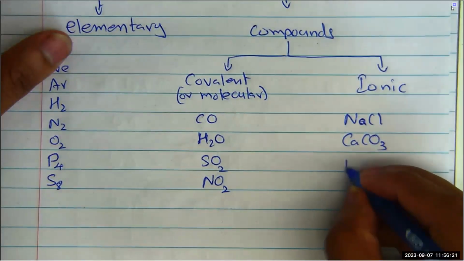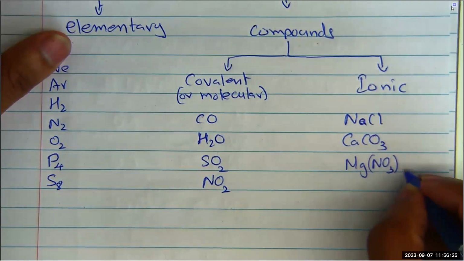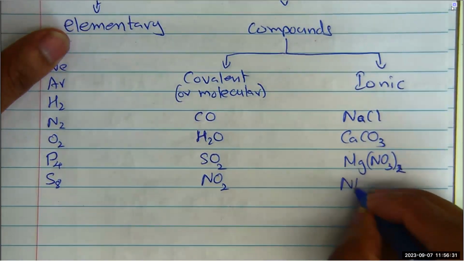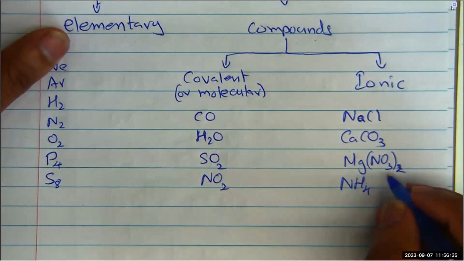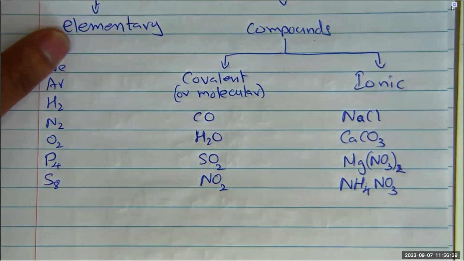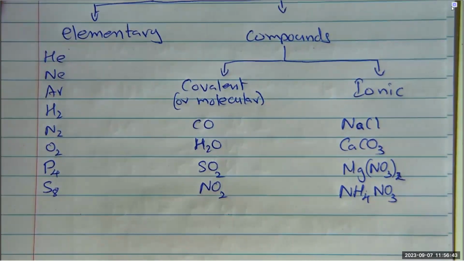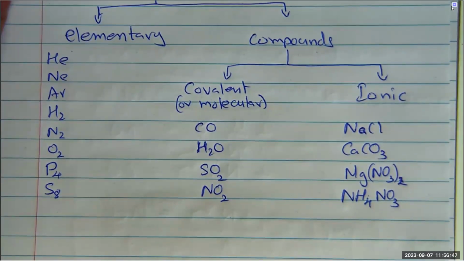And then we have magnesium nitrate, which you might find in your fertilizers. There are also other fertilizers which contain ammonium, like ammonium nitrate, NH4NO3. It's an ionic compound. So these are different ionic compounds you can find in our day-to-day life.